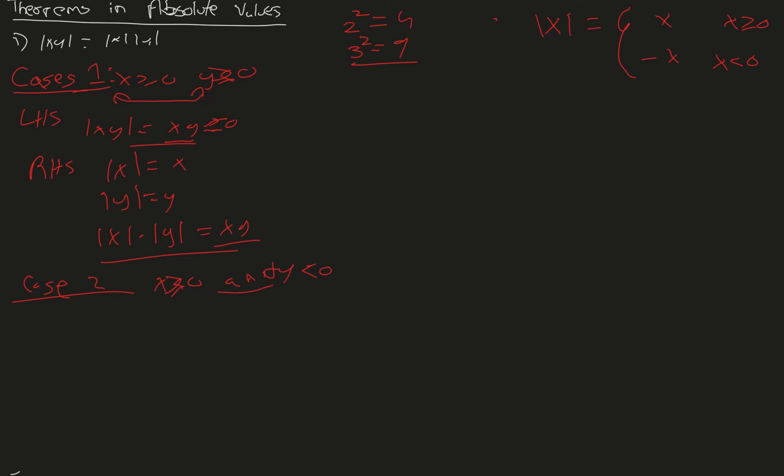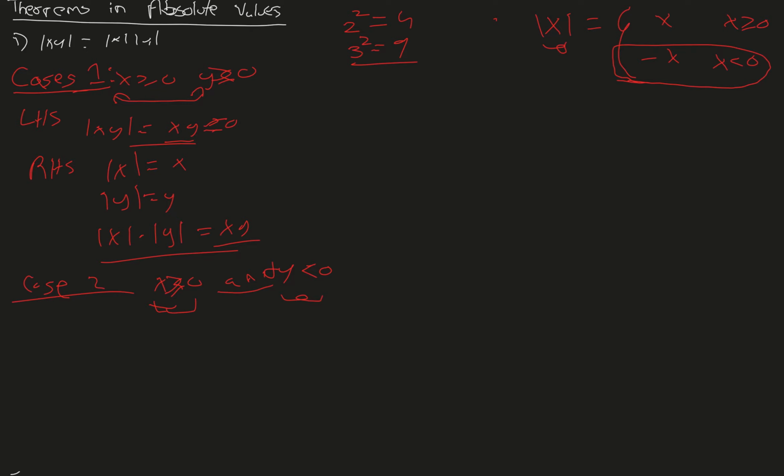Sorry about the handwriting right there. Since we're multiplying a positive x with a negative y, we'll get that xy is negative. And since xy is negative, from the definition of the absolute values, whenever the value inside the absolute value is negative, we take the negative of the negative value, so we get a positive.